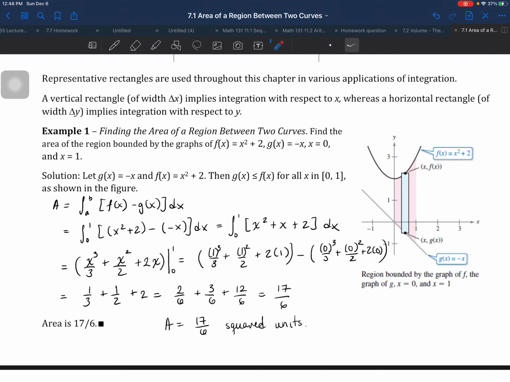Now, the idea at the end is that we should be able to find this area and set up the problem without actually looking at a picture, right? Here it's kind of nice, because I can see which one is the top function and which one's the bottom function. But actually, we don't even need to know that.